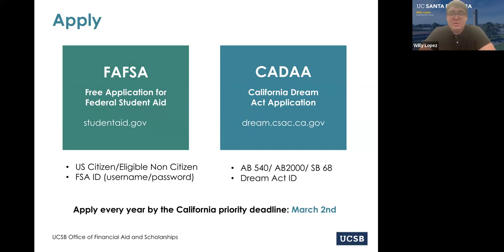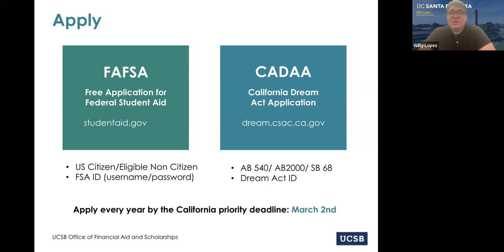The CADA is very similar to the FAFSA, but it is primarily for students that fall under the DREAM Act or are AB 540, AB 2000, or SB 68 eligible. These are non-citizen students who fall under the California DREAM application, and they can apply for state aid this way.